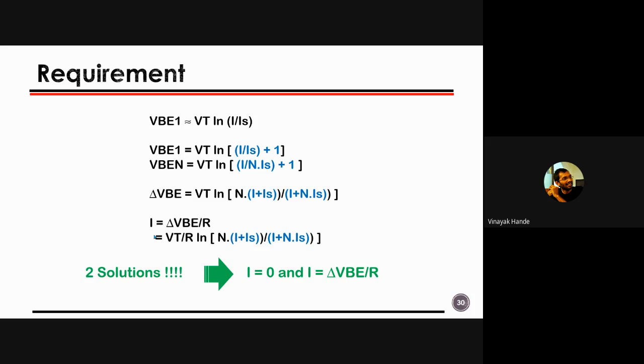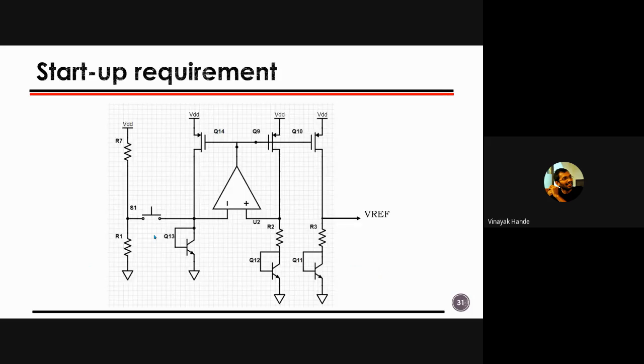So we have two solutions for the value of I, and that is the point of contention while designing a bandgap based voltage reference circuit, or any CMOS based voltage reference as well, right? Why is it coming? If we see the circuit closely, the operational amplifier is happy when the inverting as well as non-inverting terminals are at the same potential, right?